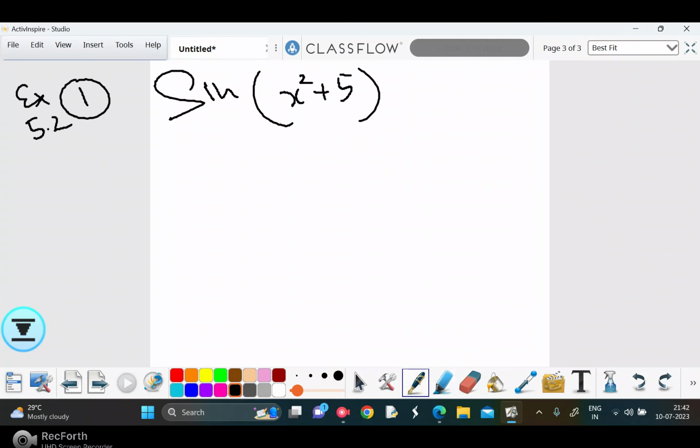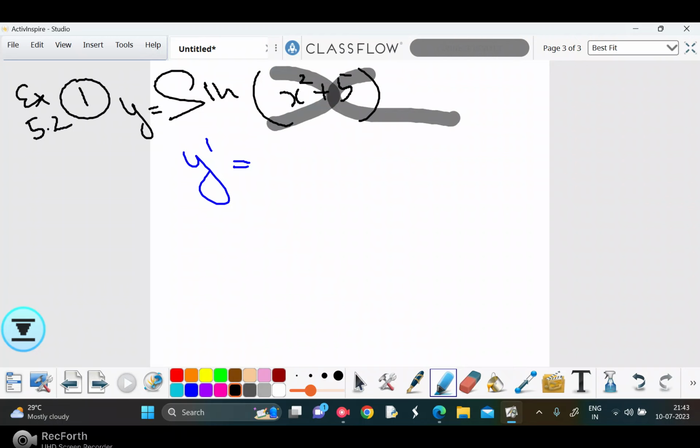Here y is equal to sin of x square plus 5, and I have to find y dash, the derivative of this function. I have a formula only for sin x, but did they give me sin x here? No. So I am going to assume that this is x.